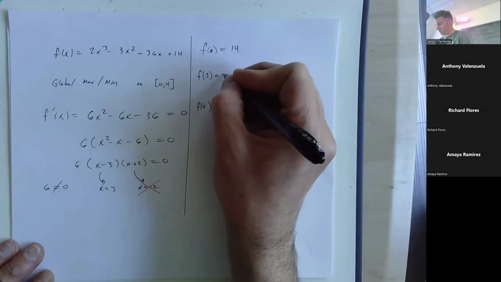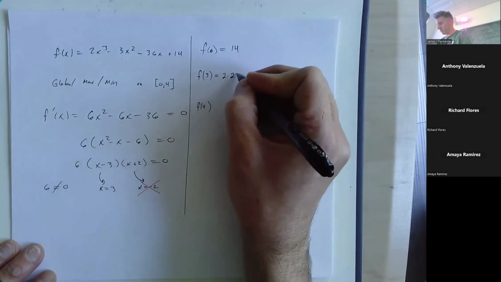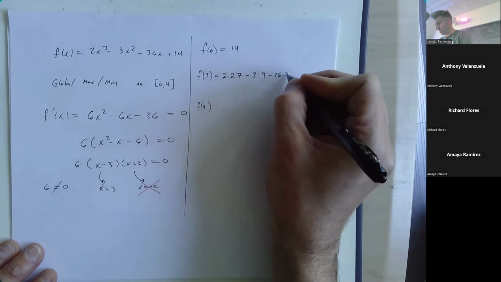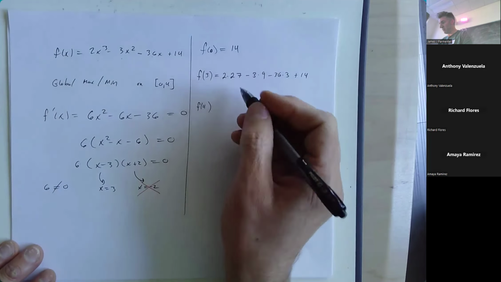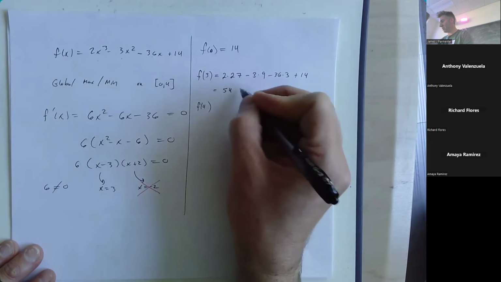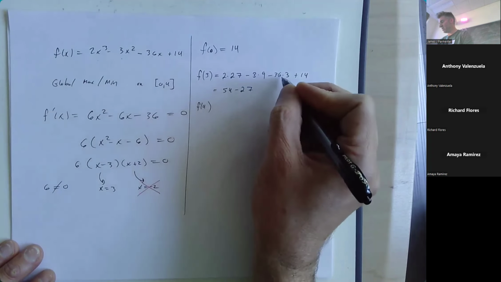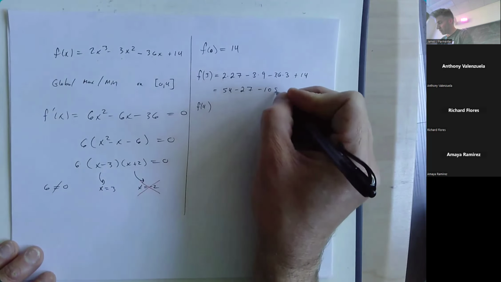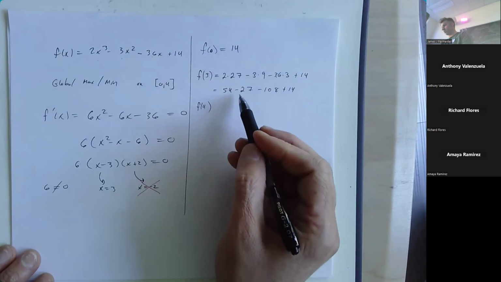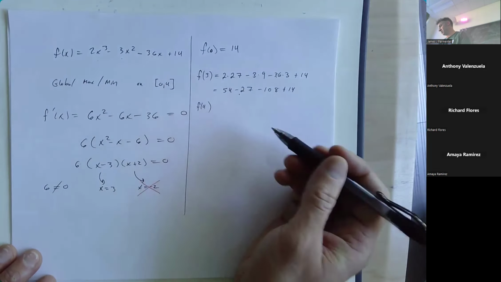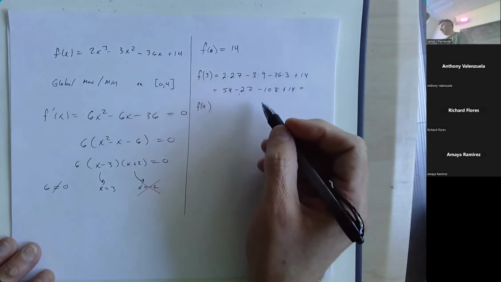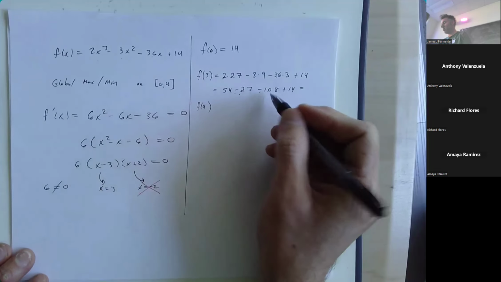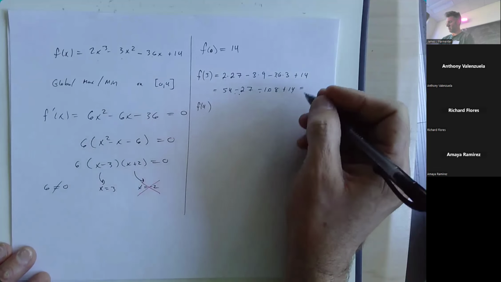It's 2 times 3 cubed, which is 2 times 27, minus 3 times 3 squared, minus 36 times 3 plus 14. 2 times 27 is 54, minus 3 times 9 is 27, minus 36 times 3 is 108, plus 14. So then 27 minus 108 is negative 81, plus 14 is negative 67.